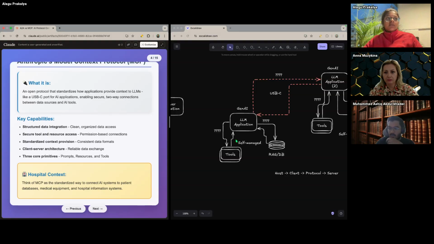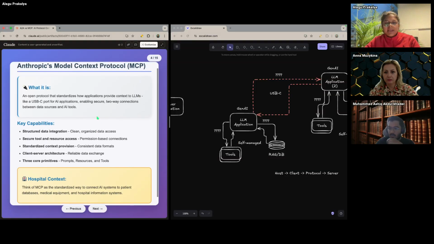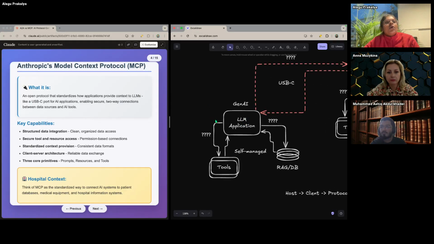So what MCP basically does is establish certain rules, similar to how we have REST API with HTTP, and then it enables the integration. Imagine in this particular case, we'll have our MCP host.